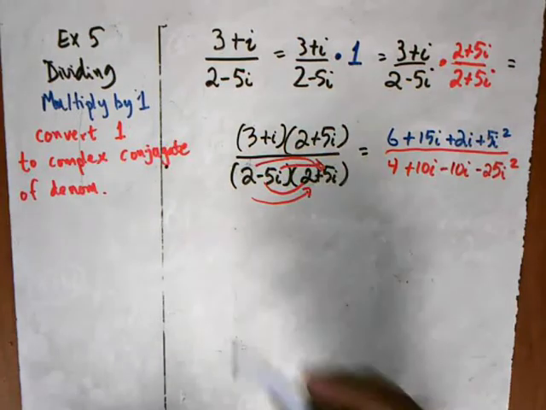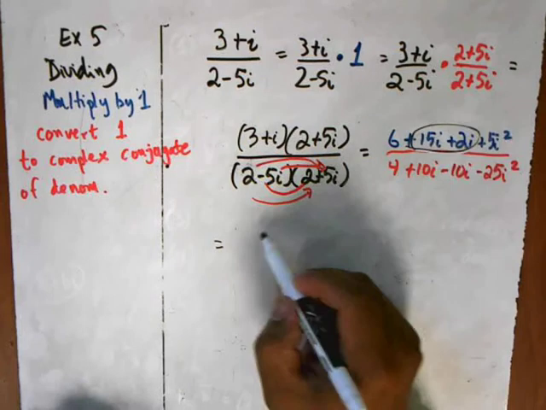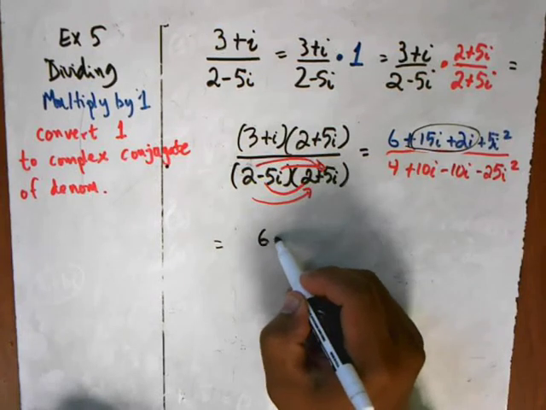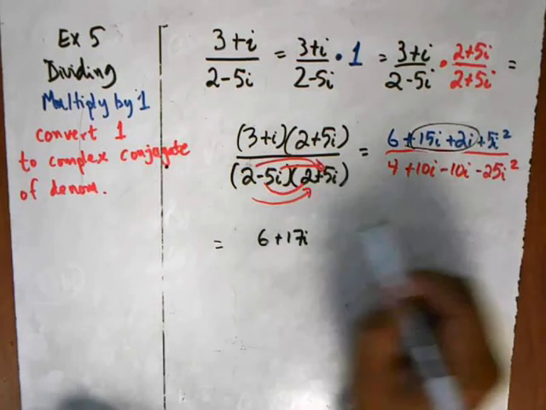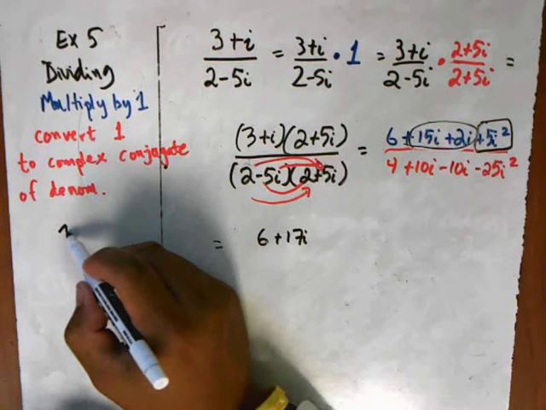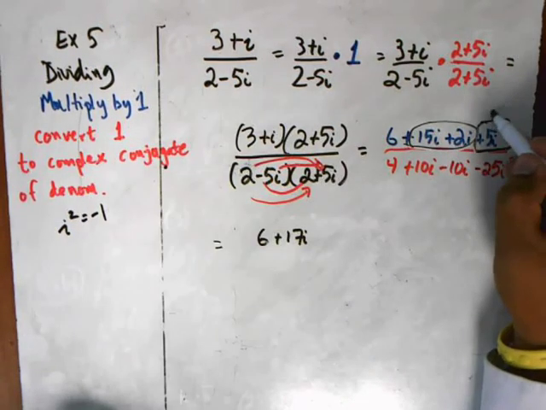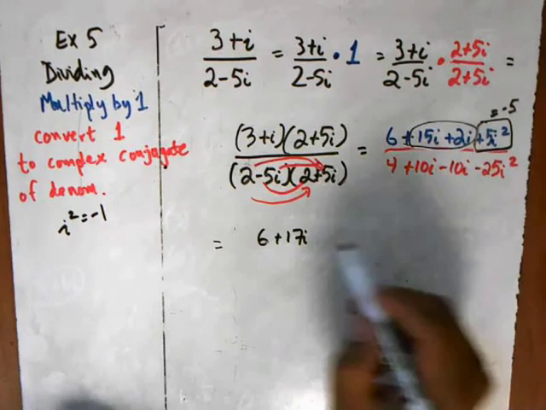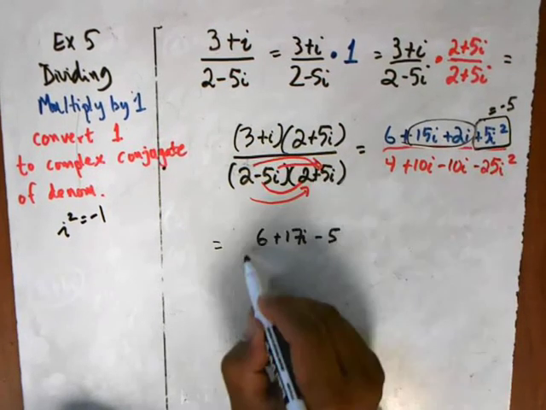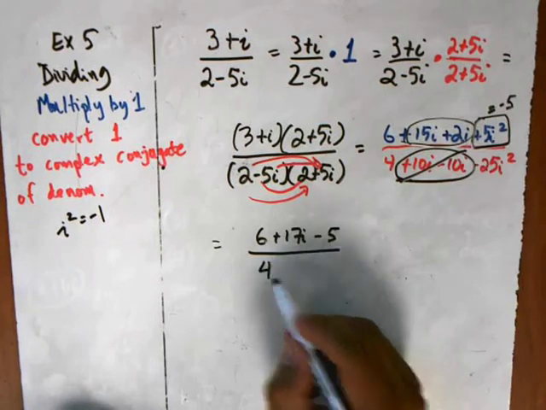And it's a little bit of work and it looks a little bit messy, but we can simplify this. On the top, that's just 6 plus 17i. And remember this part right here, since i squared equals -1, this is just equal to -5. So this is minus 5. On the bottom, middle terms will cancel, and you have 4.